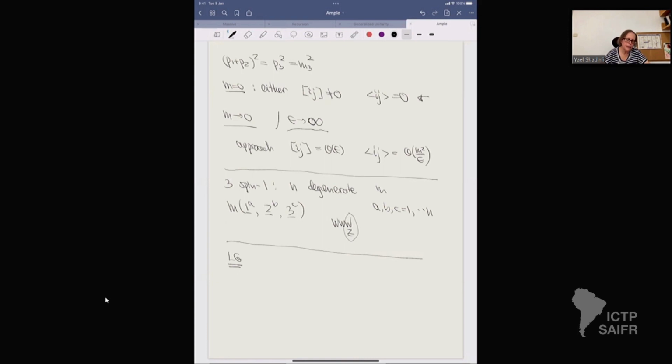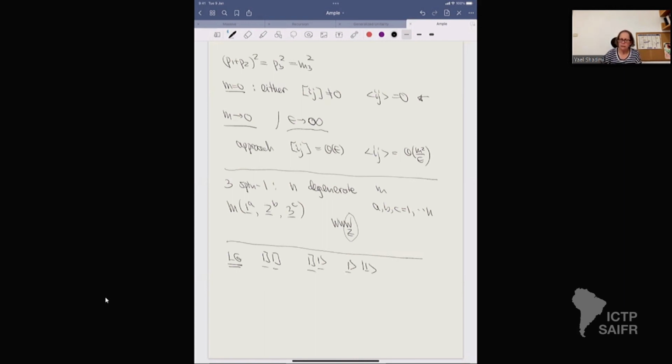And so I need 1 to appear twice, 2 to appear twice, and 3 to appear twice. So I'll need something like a 1 and a 1, or a 1 and then 1 angle, or 2 angles, and similarly for the 2 and 3.